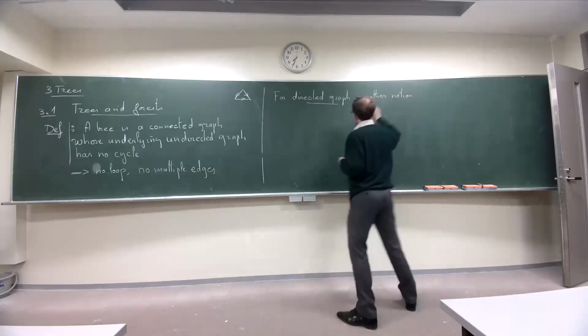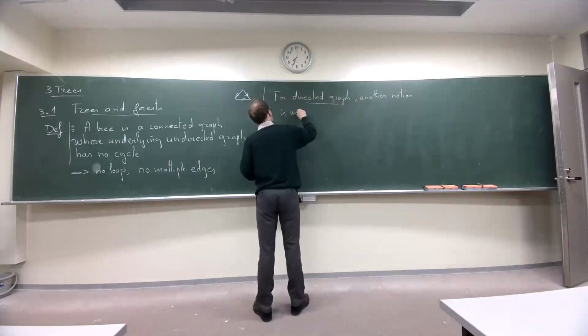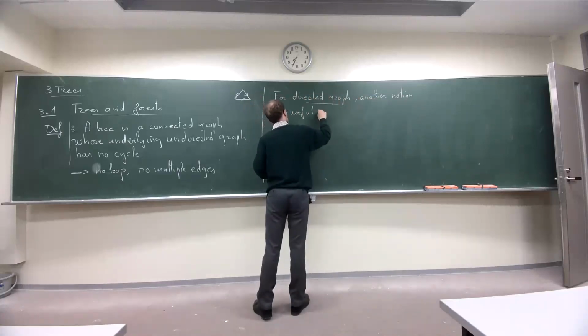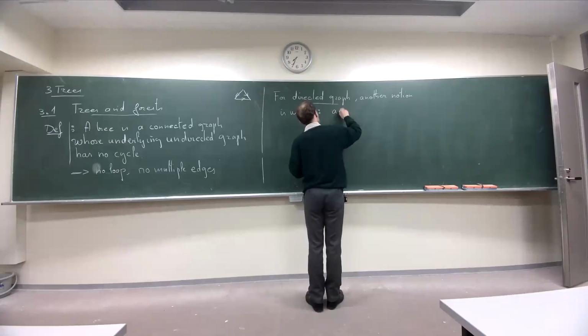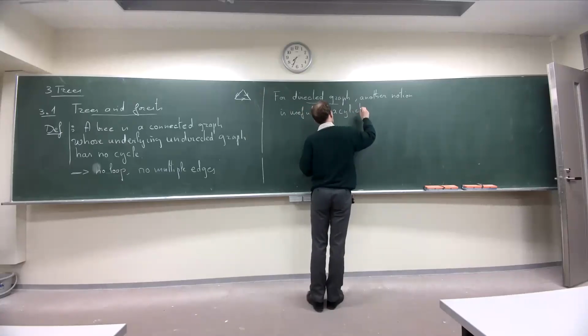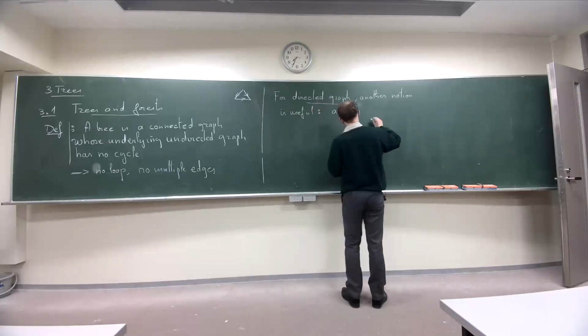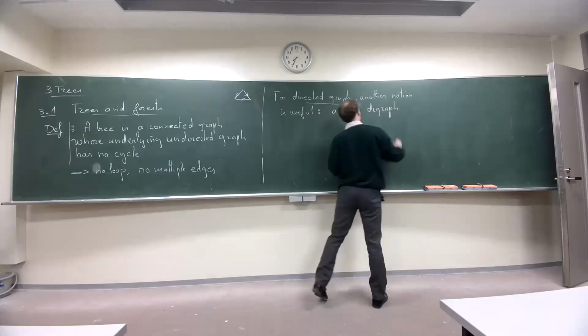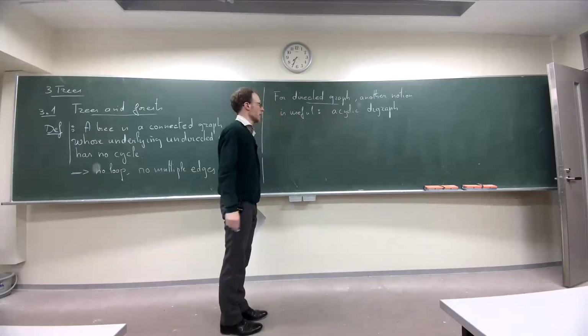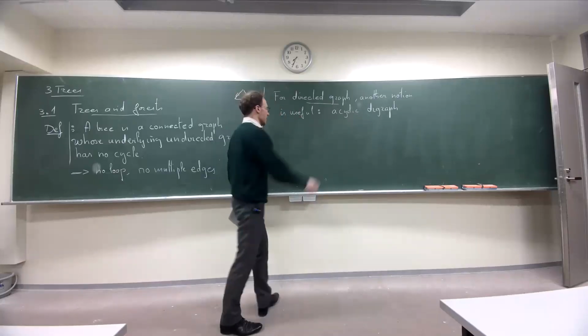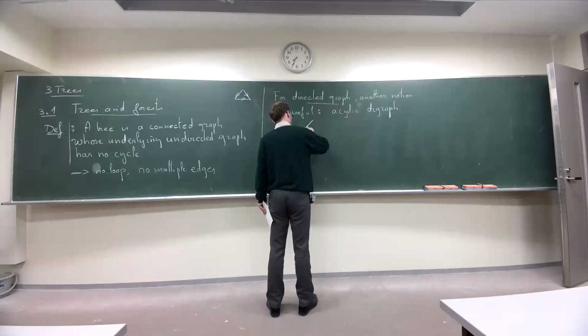Another notion that's useful. This is acyclic. Remember, digraph means directed graph, or graph with an orientation. What is the difference? Let me draw a picture.